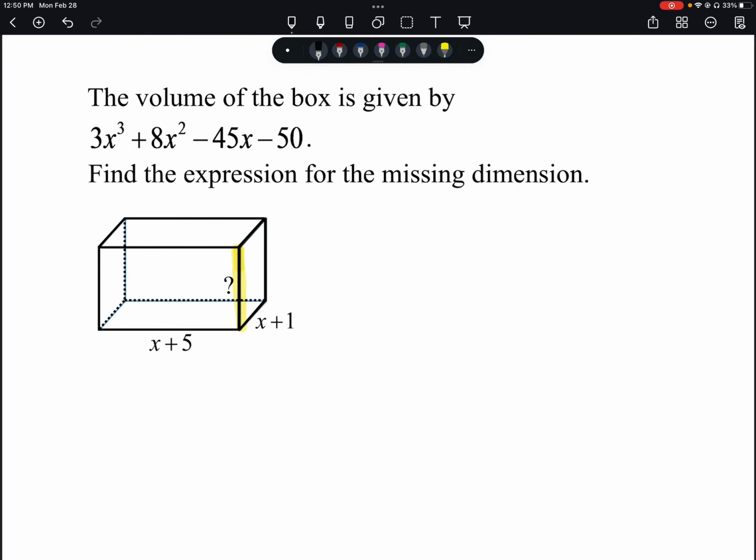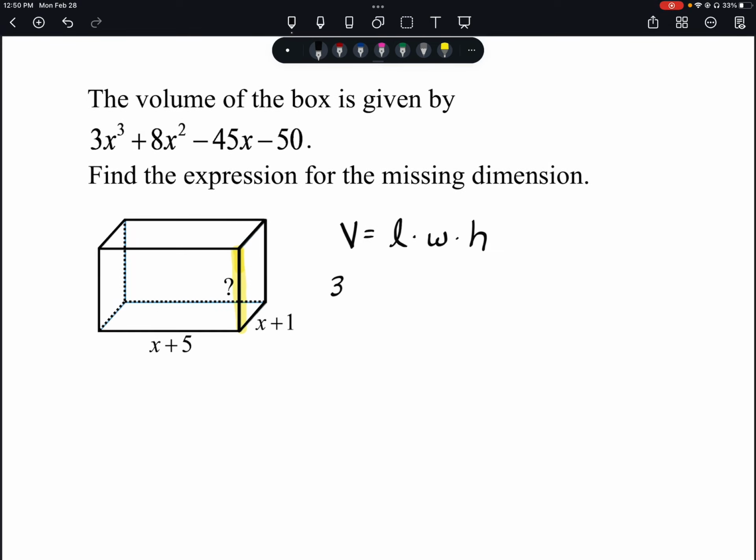And since we know that our volume is going to equal our length times our width times our height, we could say here that 3x to the third plus 8x squared minus 45x minus 50 is going to equal x plus 5 times x plus 1 times our unknown quantity there. So we need to figure out what that is.